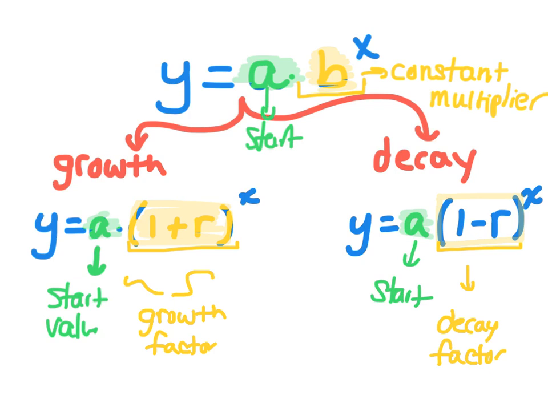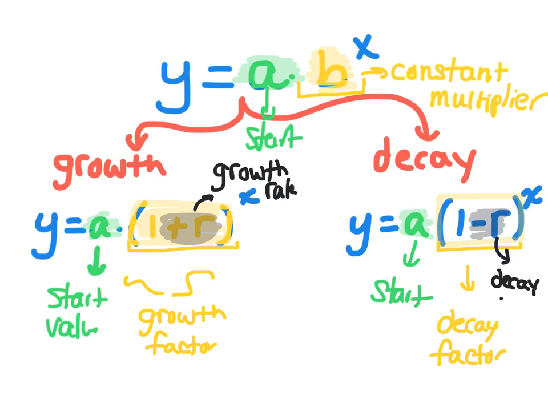What we tend to care about a little bit more is the r value. So this r value, if it's growing, we can see that it's plus r. If it's decaying, we can see it's a minus r. That r value is called, like on growth, it's called the growth rate. If it's a decay function, that r value is called the decay rate.